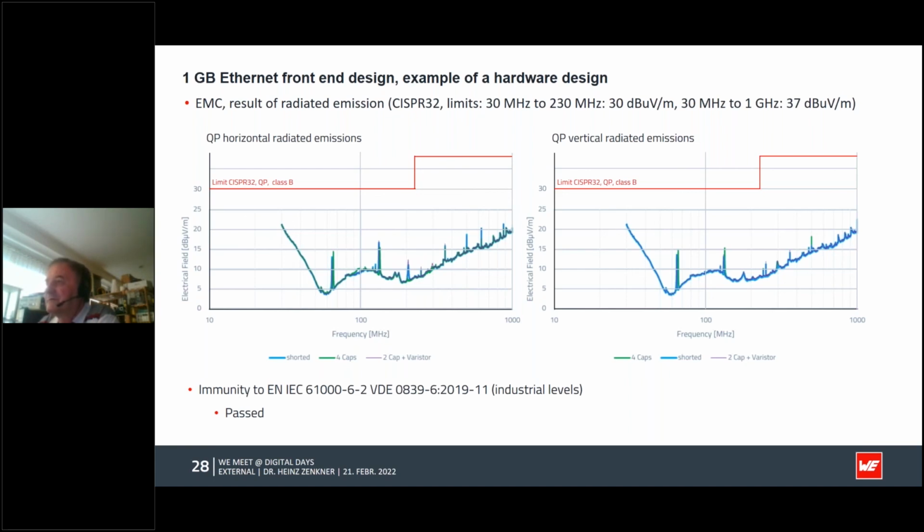The immunity here has been measured against the industrial levels and can be passed without metal housing, which means we have a high immunity against all the bursts and surge and radiated immunity requirements. And you can see more than 15 to 20 dB distance in the radiated emission.